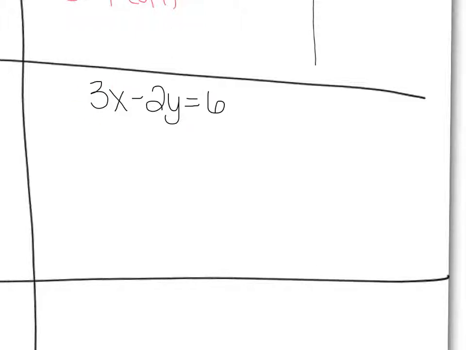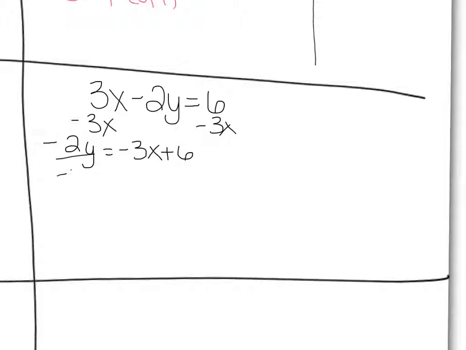So to get rid of that 3x, I need to subtract 3x from both sides. So I get -2y equals -3x plus 6. Now if you wanted to say 6 minus 3x instead, it would mean the same thing. I prefer to put the x first because it kind of matches my slope-intercept form. Do whatever you feel comfortable with.